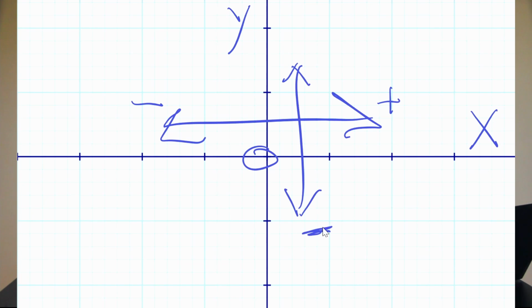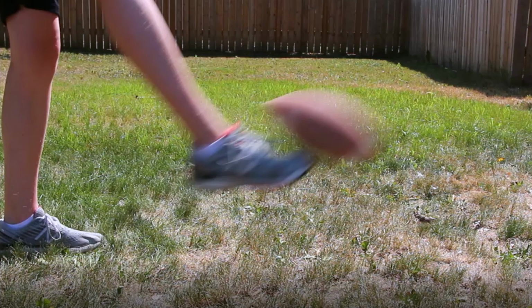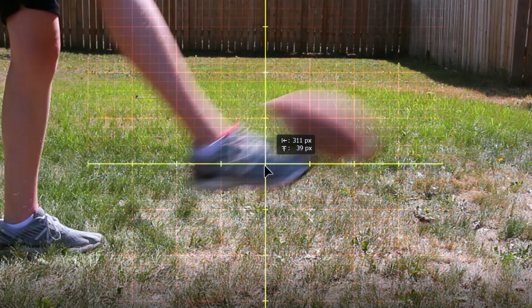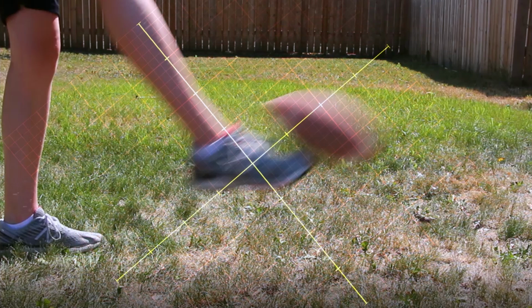Negative values below the origin, positive values above the origin. As we progress in this course, Physics 30, the x and y axes will always be perpendicular to each other, but they may need to be placed at different angles in the system to work well with our vectors. Hence this arbitrary decision of orientation.